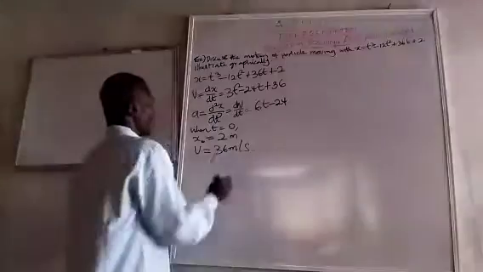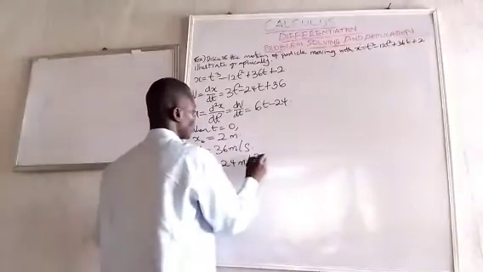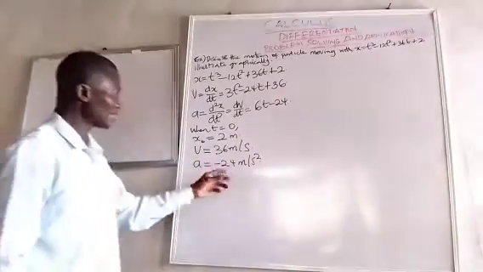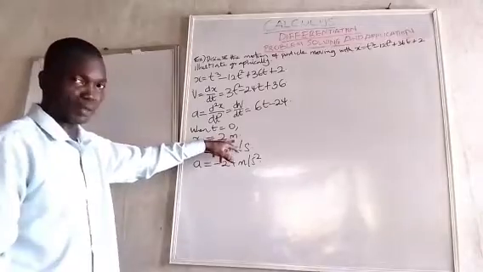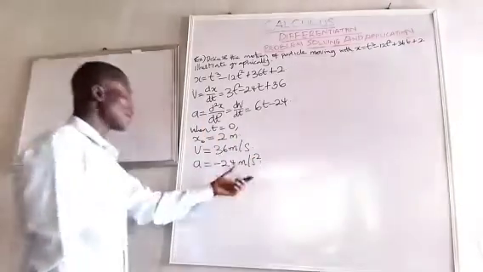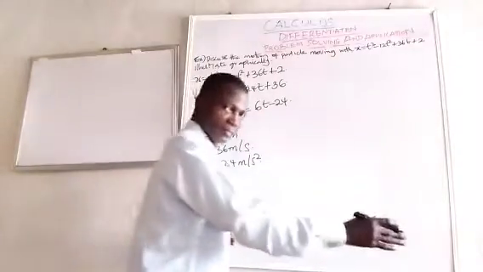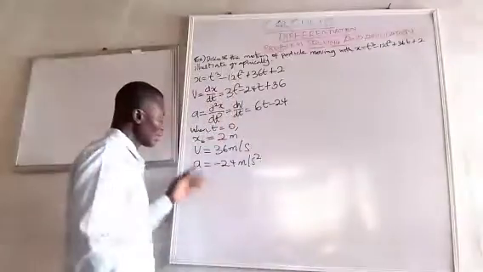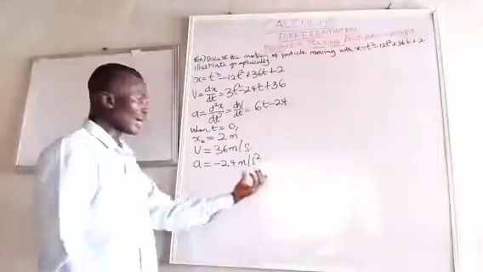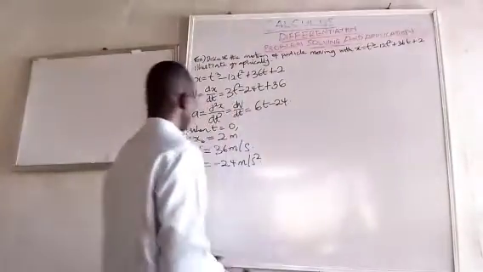Our a is minus 24 meters per second squared. So it started 2 meters from the reference point, with velocity 36 meters per second, but it was decelerating, which means that it was slowing down. The velocity is positive, acceleration is negative, so it was slowing down. That's what that means.